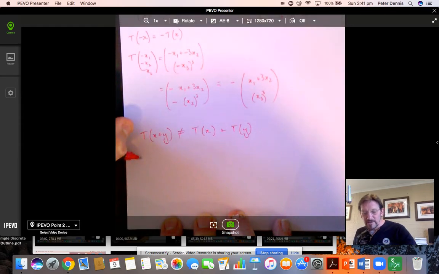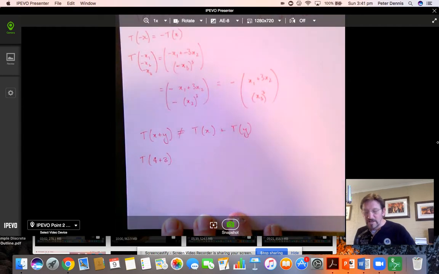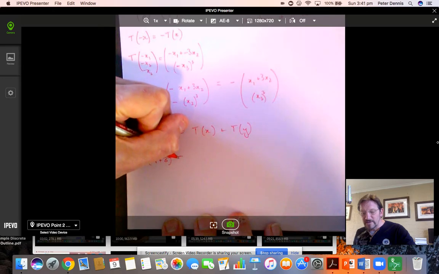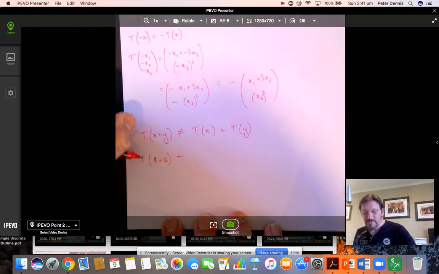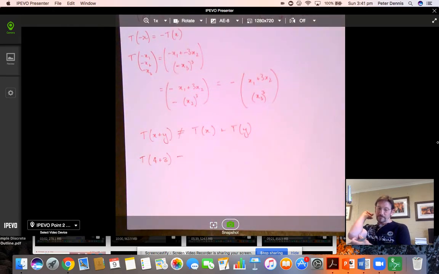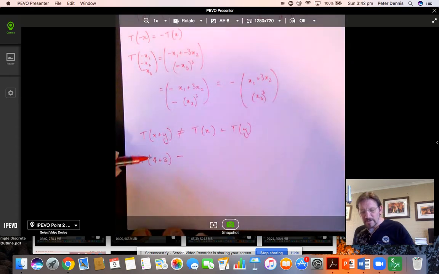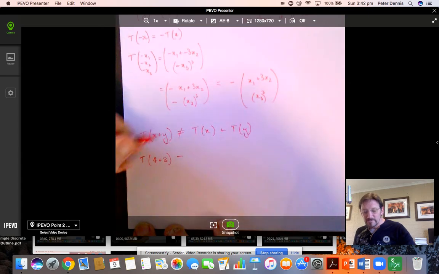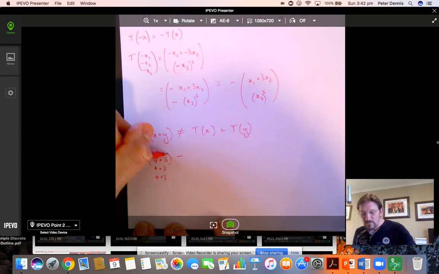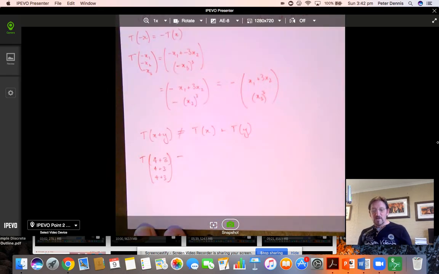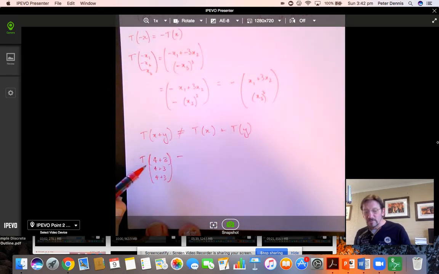Let's look at T of 4 plus 3. Let's say T of 7 then, and let's see what happens to that. I'm only really looking at the bottom one, but let's do 4 plus 3, 4 plus 3, all the way down 4 plus 3. What does the transformation of this look like?